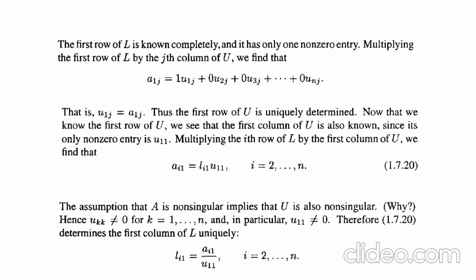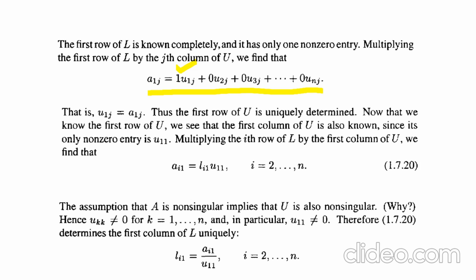Multiplying the first row of L by the jth column of U, you can take any column of U and multiply the first row of L with the jth column of U according to the multiplication rule. A1j can be written as described, because this only element is non-zero, all other entries of L in the first row are zeros.